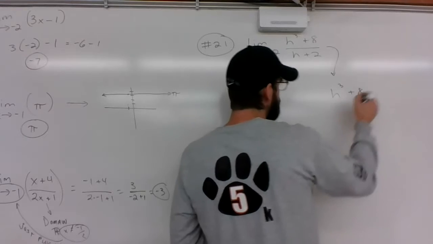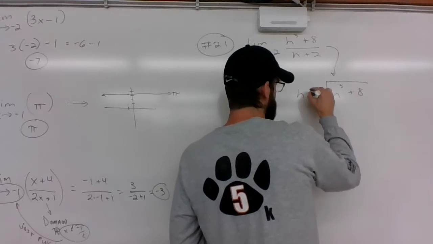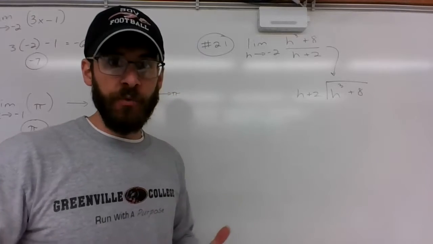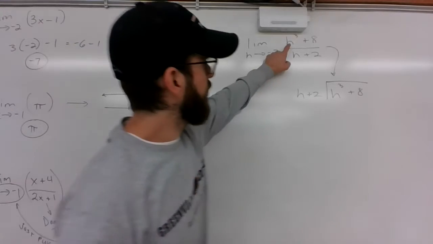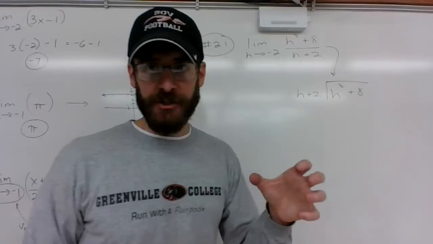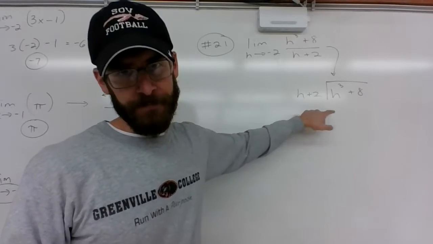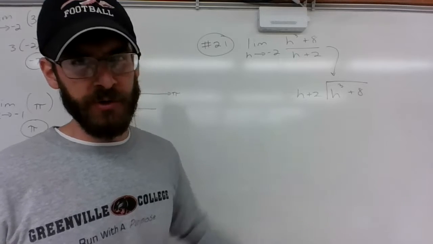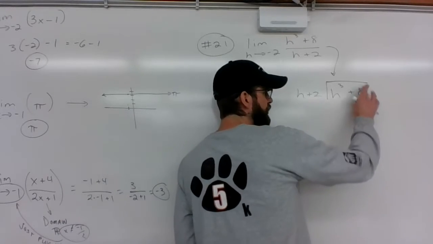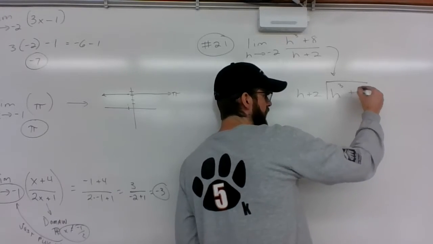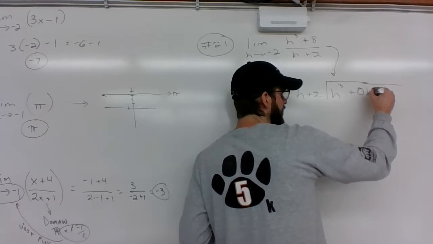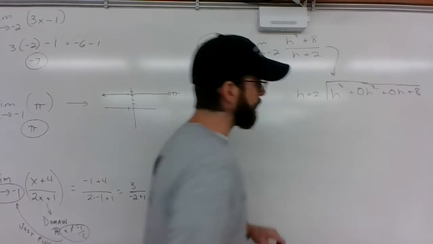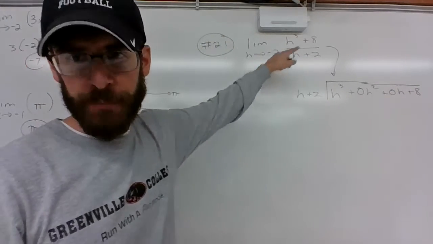So what does h cubed divided by h plus 2 look like? Well, you can actually derive the formula for h cubed plus 8 factored by doing long division. I think synthetic division is another thing you guys may have done in the past, but I'm just going to show it using long division. So we say h cubed plus 0h squared plus 0h plus 8 is an equivalent polynomial to h cubed plus 8.